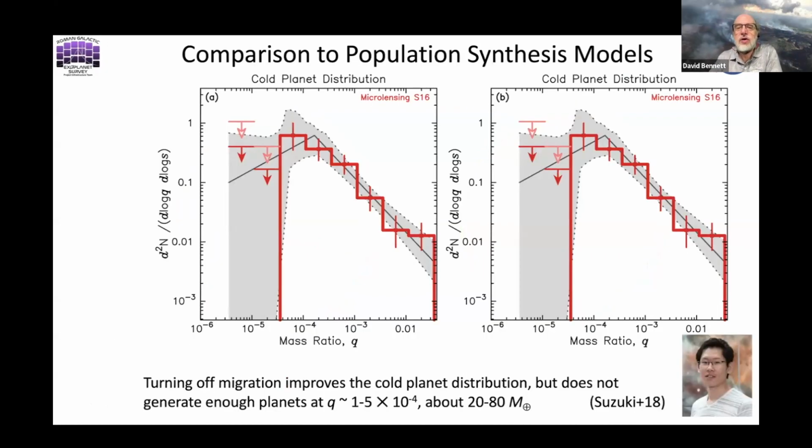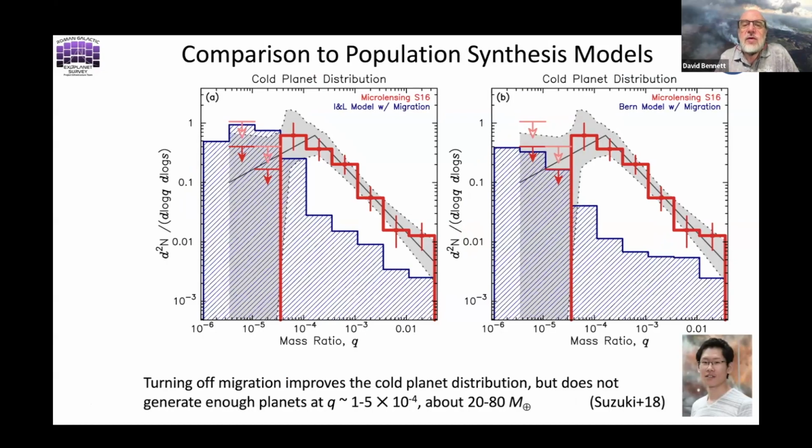All right, so a decade ago, we had the first measurement of the mass ratio function. These are two versions of the same figure, and we're going to compare this to some population synthesis calculations. Here we see that we're seeing a lot more planets than either of these simulations predict, the Ida-Lin model and the Bern group model, led by Mordasini.